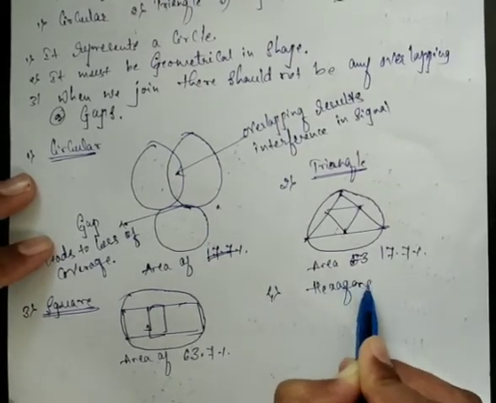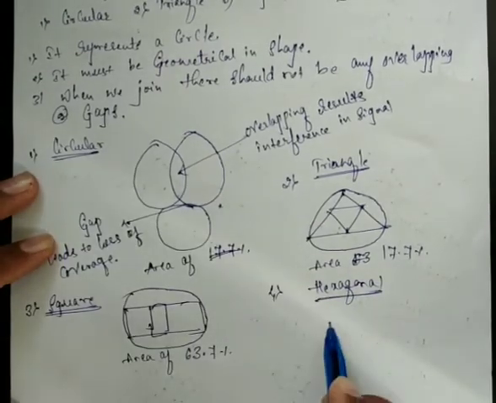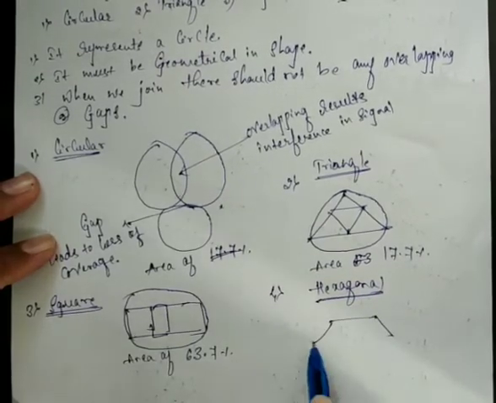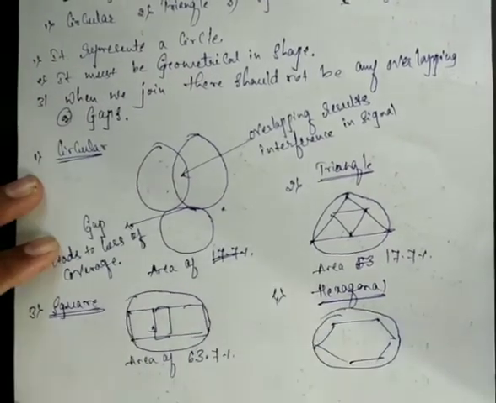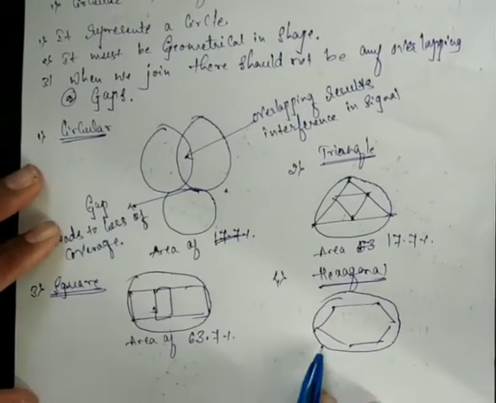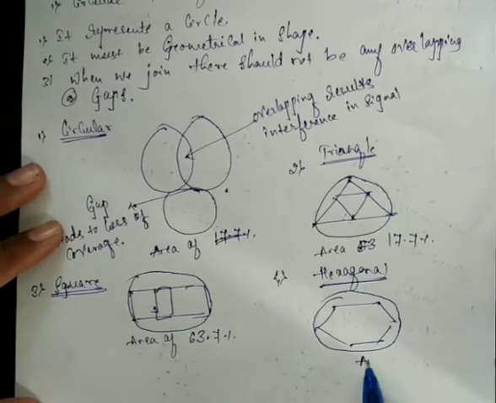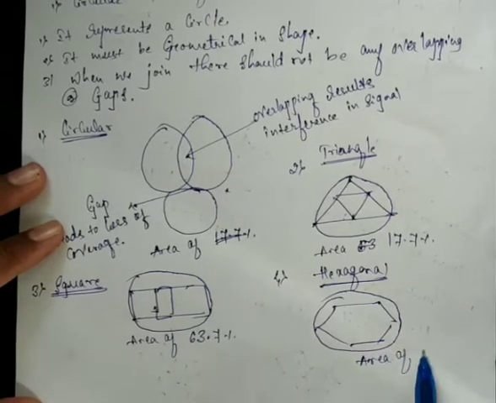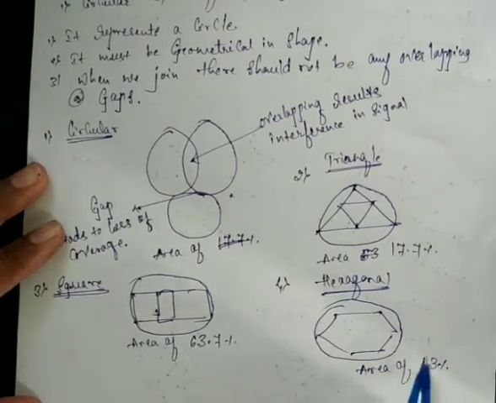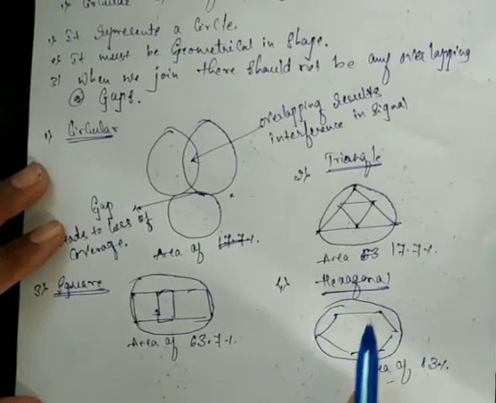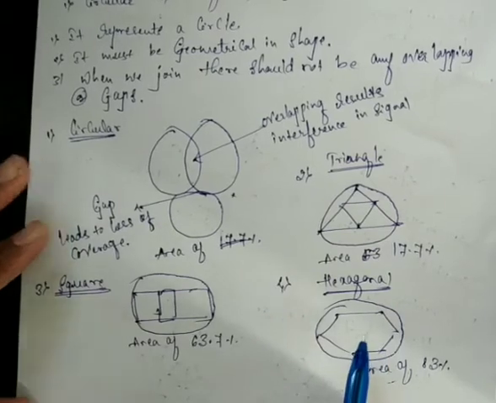The last is the hexagonal. This hexagonal represents a circle, and it will cover an area of 83%. So the maximum area will be covered by the hexagonal cell. So this is accepted globally.